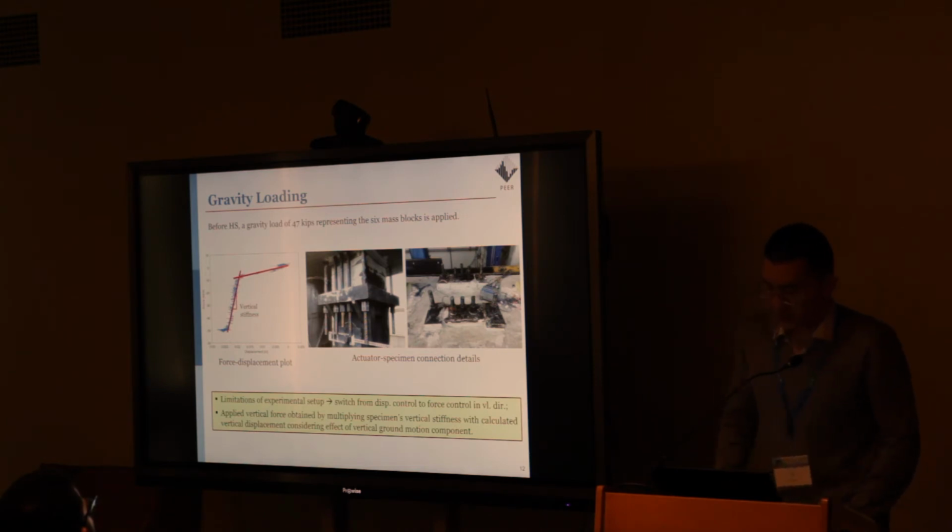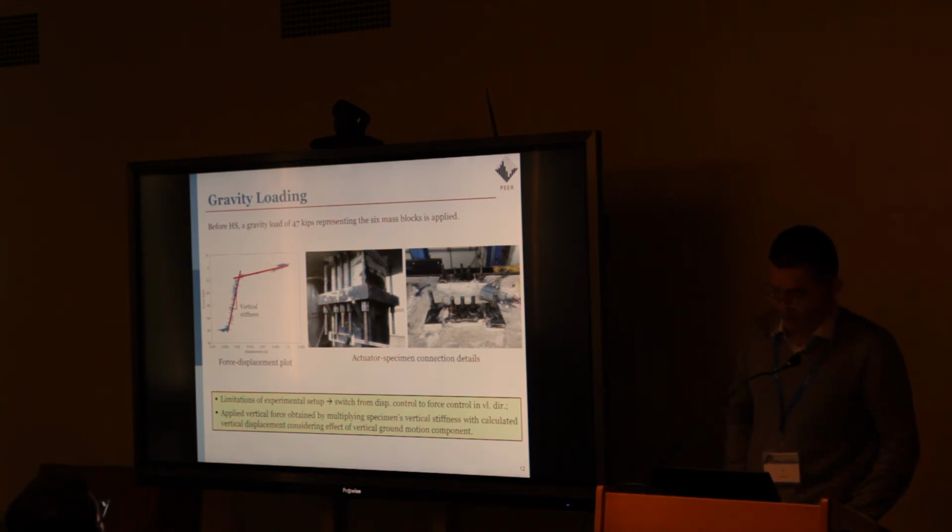This was caused by the small gap between the vertical actuator top clevis and the surface of the cap beam, shown on the right. So when the vertical actuator pulls down, it first tries to close the gap between the clevis and the cap beam. Therefore, the stiffness at this stage is very small. And after the gap has been closed, the actuator starts acting against the specimen and the response becomes much stiffer.